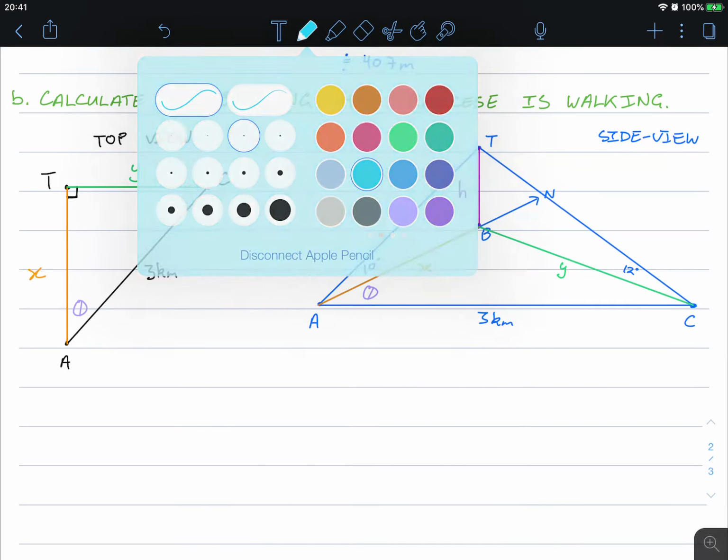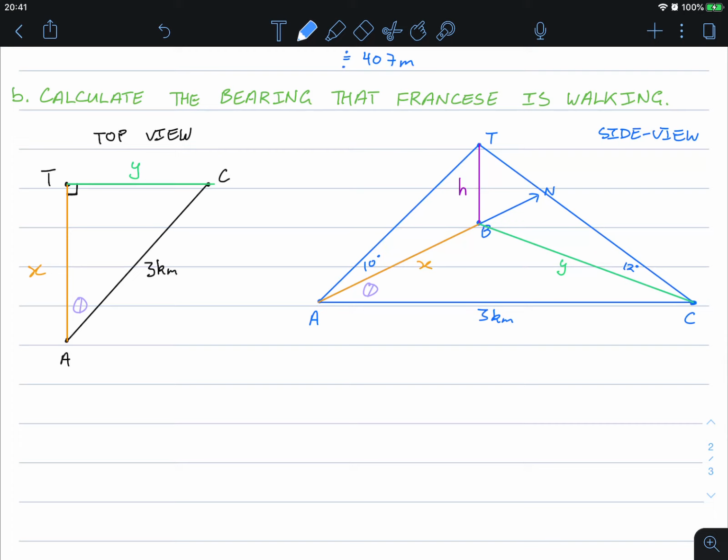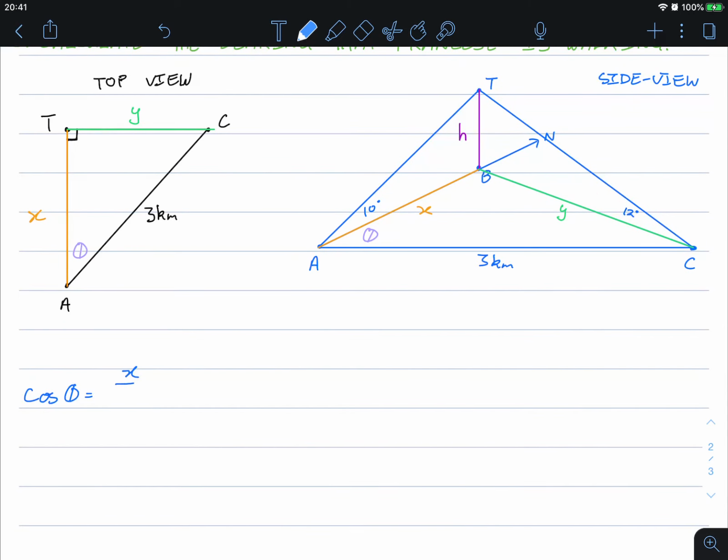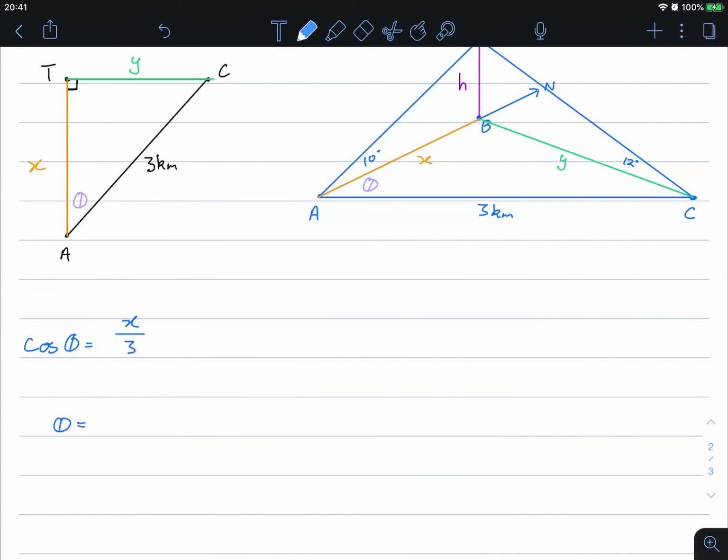In order to find that angle, we're going to have to do some inverse trig. And for this, I'm going to make it nice and simple. I'm going to use cosine of theta equals adjacent over hypotenuse, so x over 3, which means theta equals cosine inverse of x over 3.